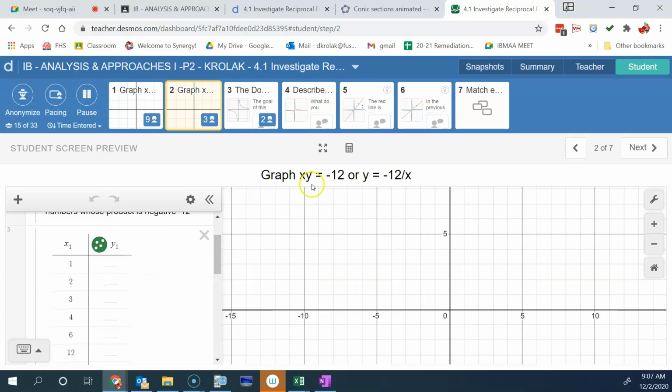So now we're graphing xy equals -12, or y is -12 over x, which is a reciprocal function. And now we're going to get coordinates in the second quadrant and the fourth quadrant.